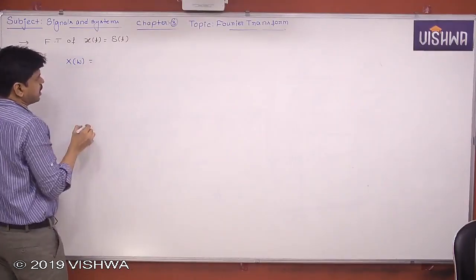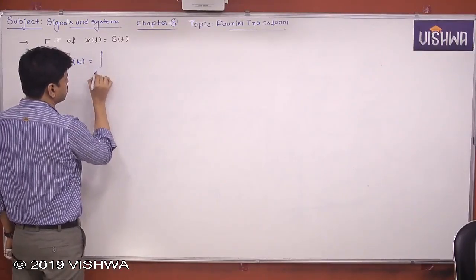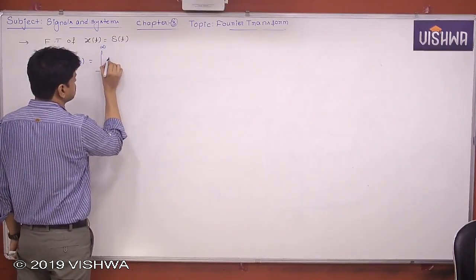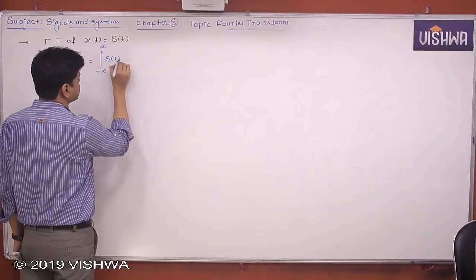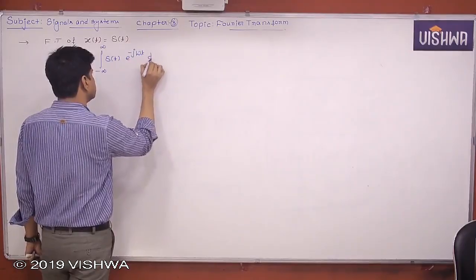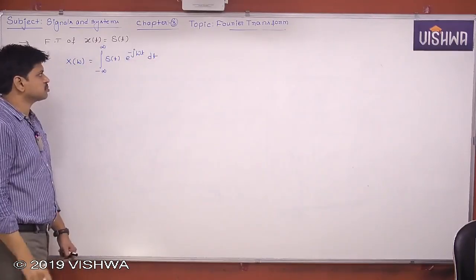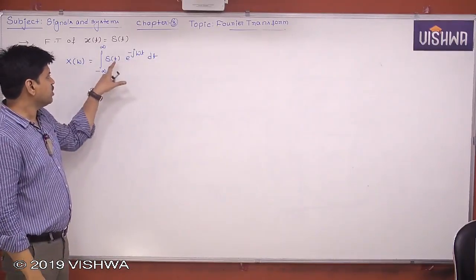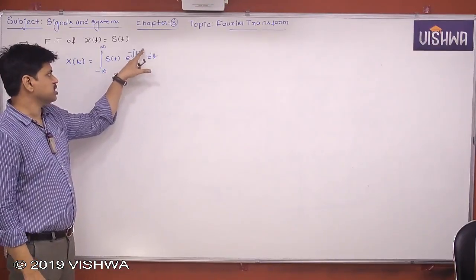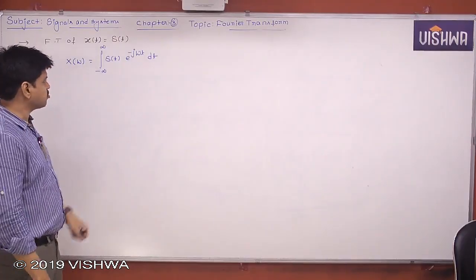That is the direct formula I am using: integral minus infinity to infinity x of t, that is delta t, e power minus j omega t dt. Wherever any function is multiplied with delta t, then t has to be replaced with 0. This is the multiplication property of the impulse function.